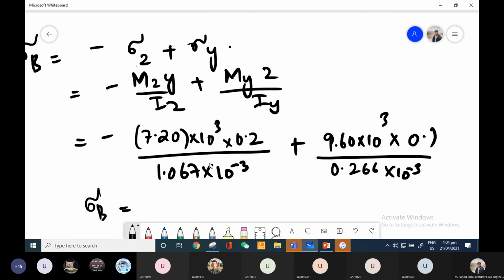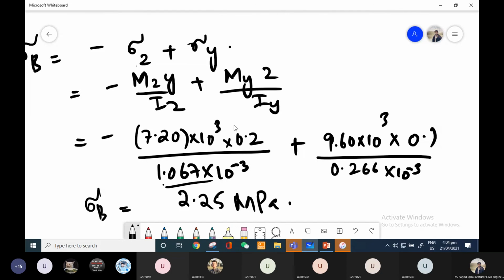It is again 2.25. So maybe you made some error, because when I solved it, I got the answer as 2.25. Anyway, you are also close, so maybe it is due to the number of significant figures.